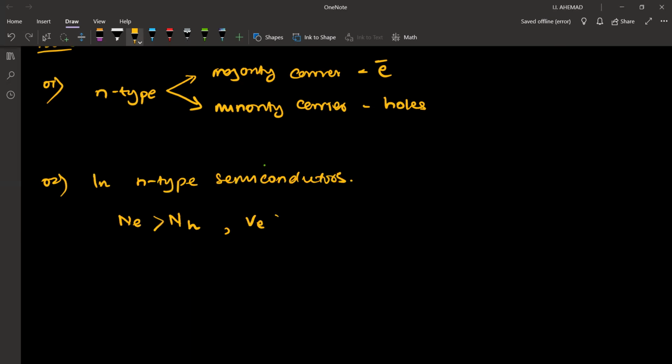And we know the velocity of electron is greater than the velocity of hole. Therefore, IE is greater than IH. I is almost equal to IE, where IH is negligible.